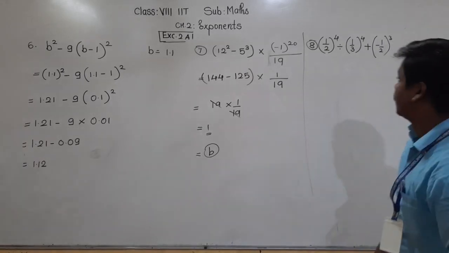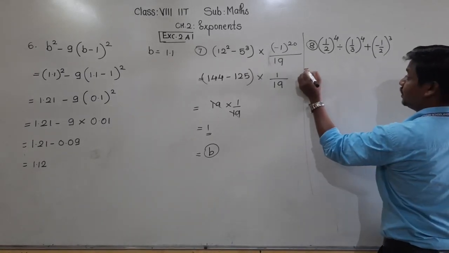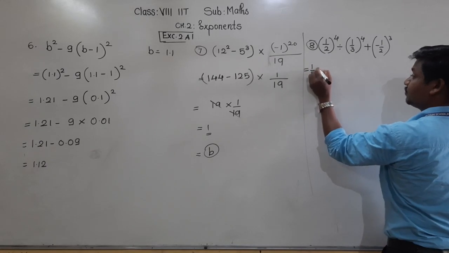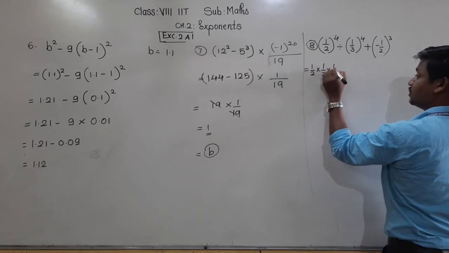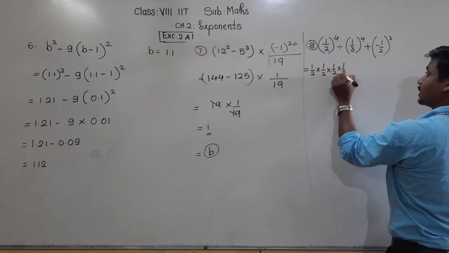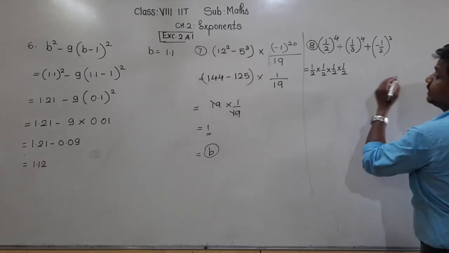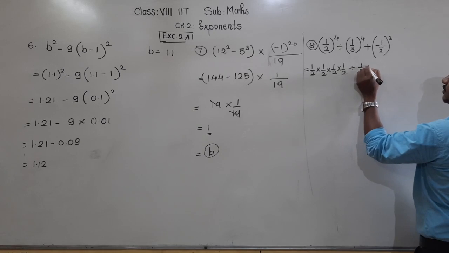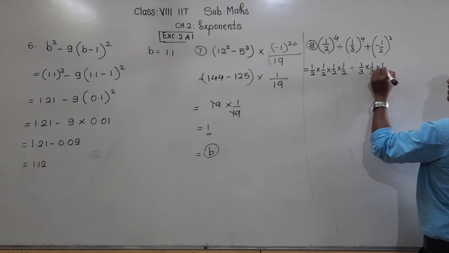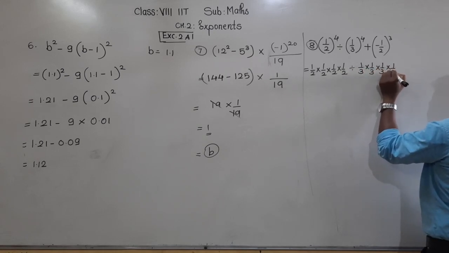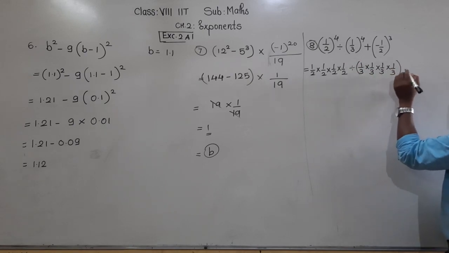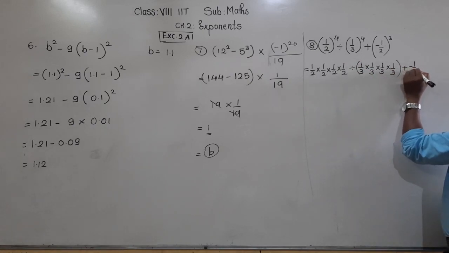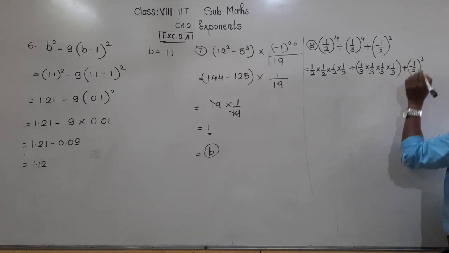Let's see. 1 by 2 raised to the power 4 means 1 by 2 multiplied 4 times, divided by 1 by 3 4 times. Okay, these are put in the bracket. Plus (minus 1 by 2) raised to the power 3.